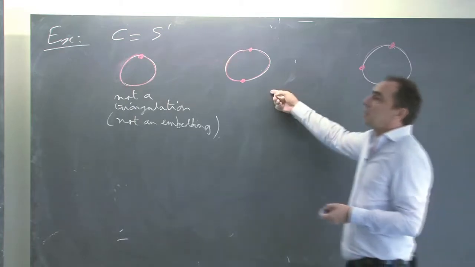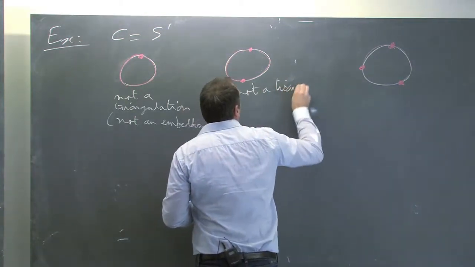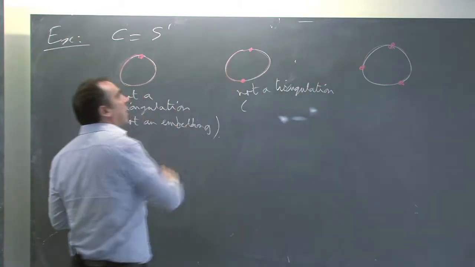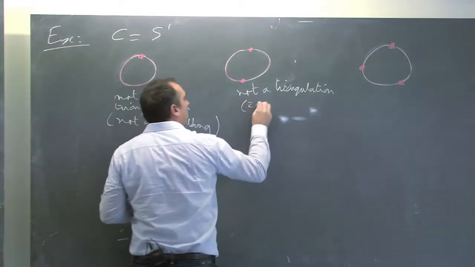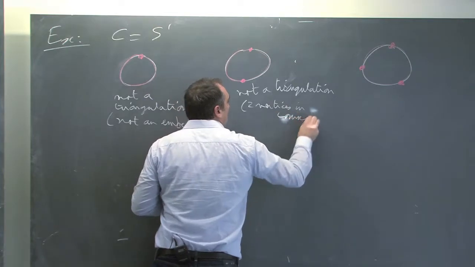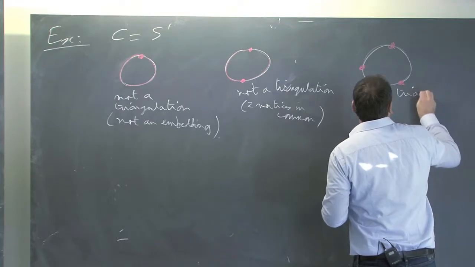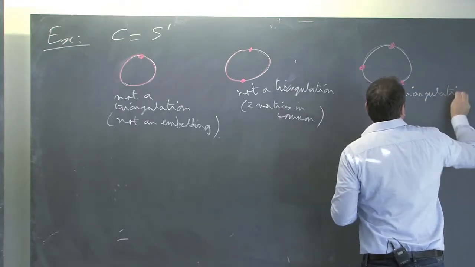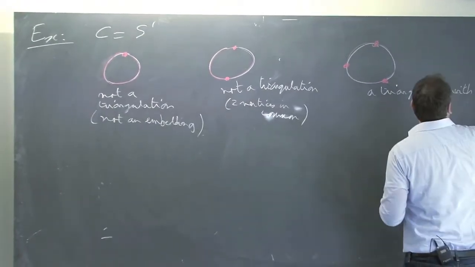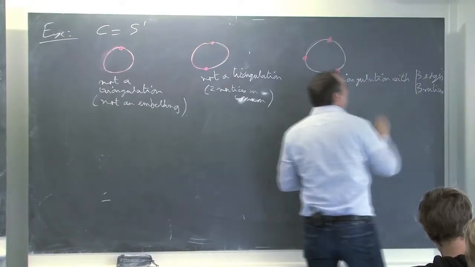So again, this is not a triangulation because this edge has two vertices in common. And this is a triangulation with 3 edges and 3 vertices. Okay.